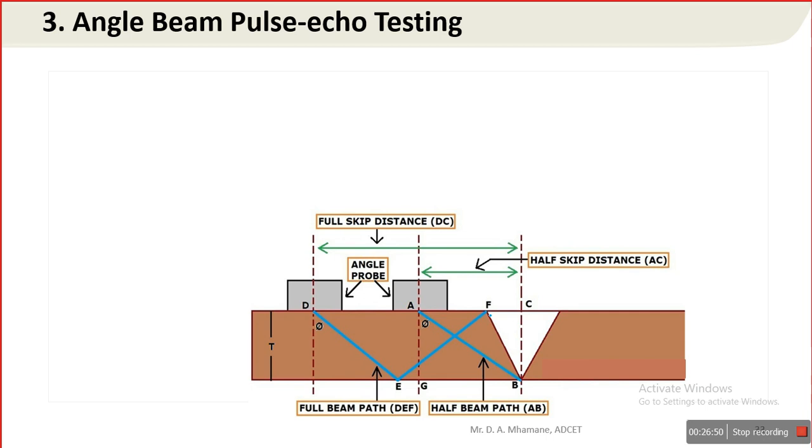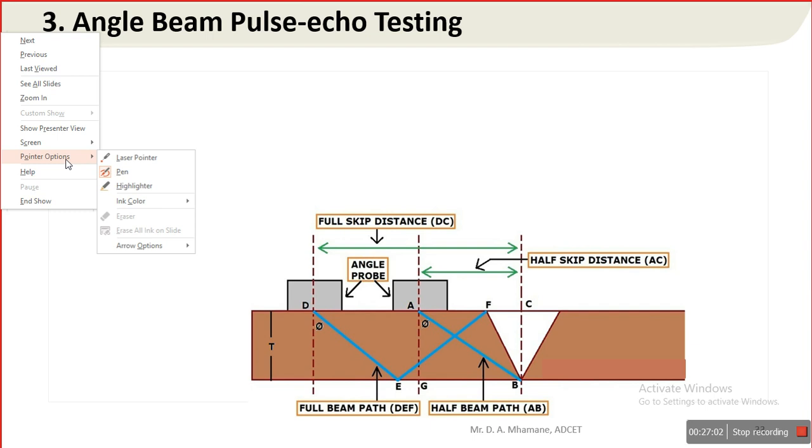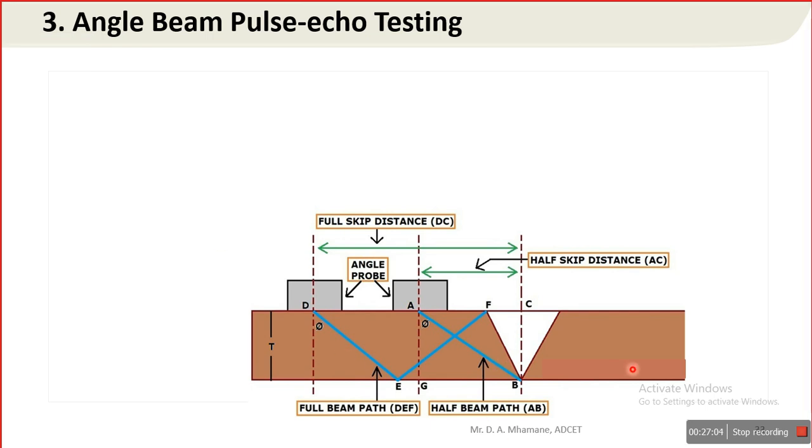This is a weld joint. This V is nothing but the groove of the weld. This is the first plate, and this is the second plate, which are joined with the help of the weld joint. See this terminology.